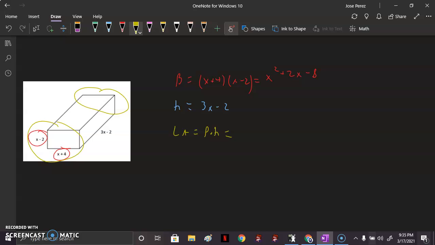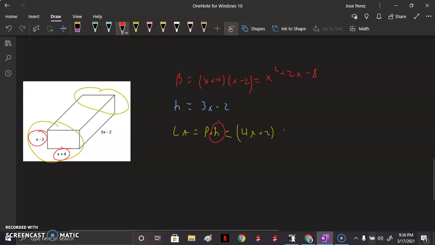So the first side would be 2x plus 2 plus 2x plus 2. And when we add these two up, we would get 4x plus 4 for our perimeter. And then we have to multiply by the height.